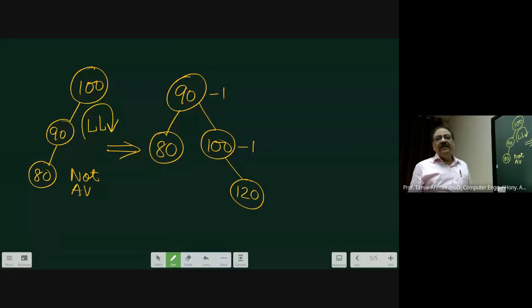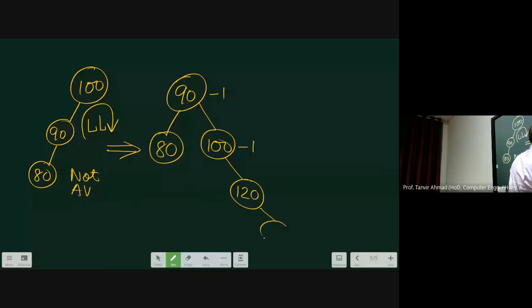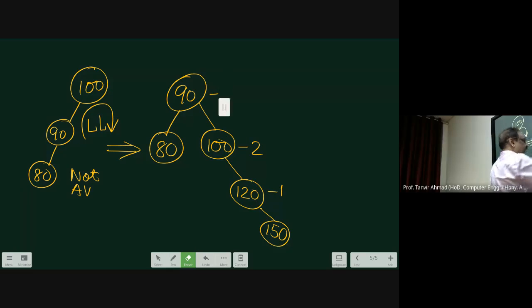Now, I insert 150. And again calculate the balance factor. Obviously, this will become -1. This will become -2. And this will become again.